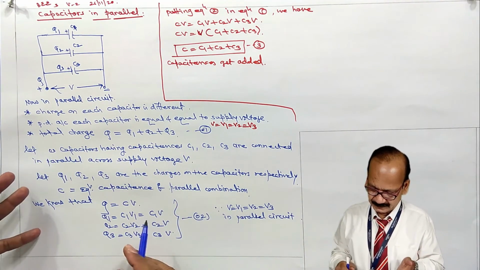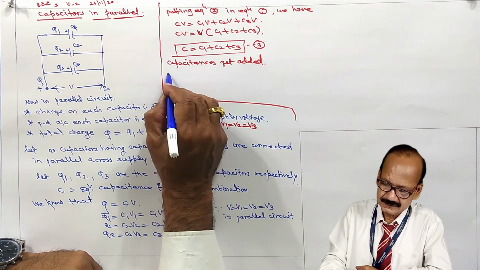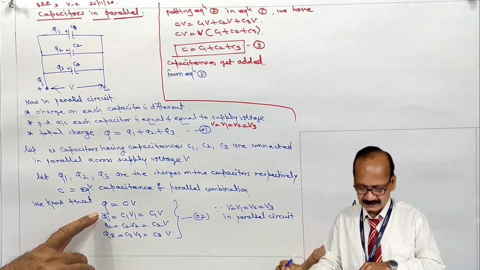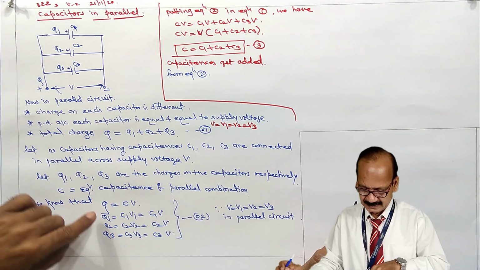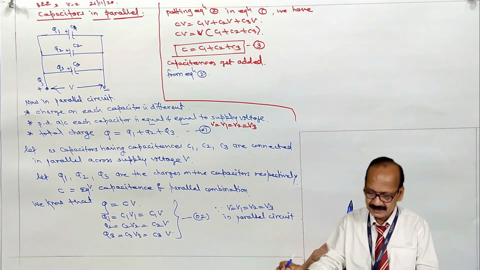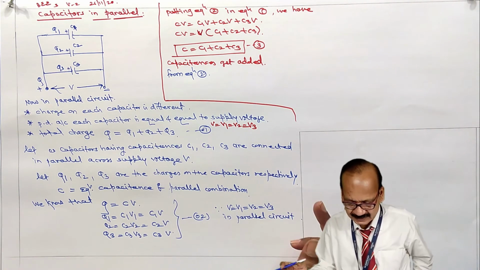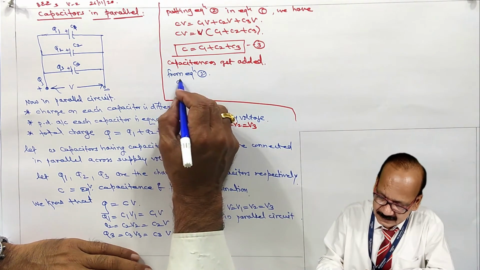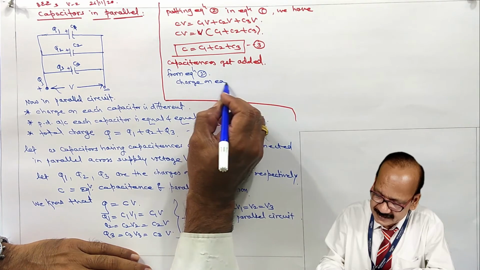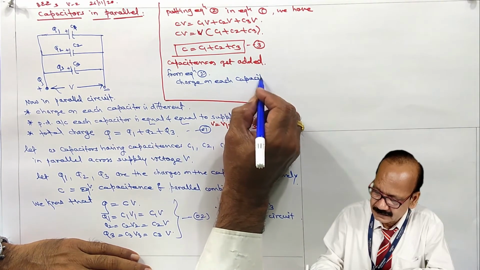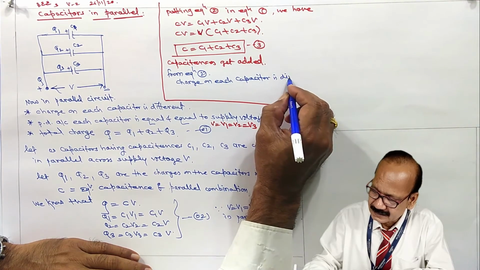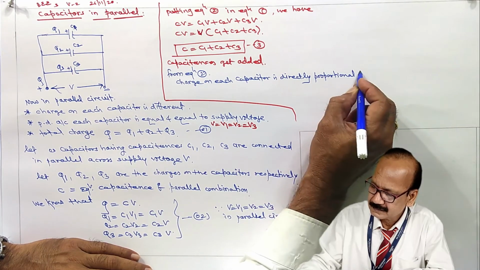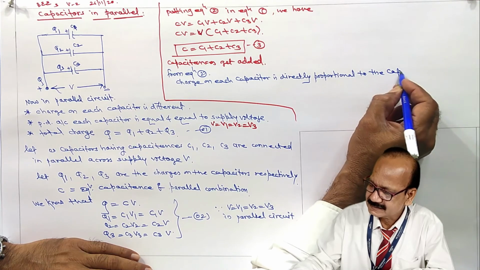From equation 2, the charge on each capacitor is different and the charge on an individual capacitor is directly proportional to its capacitance.